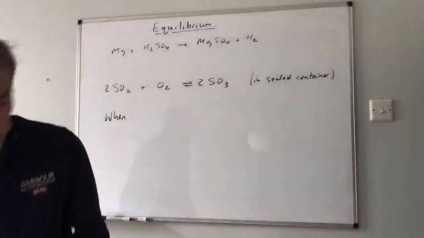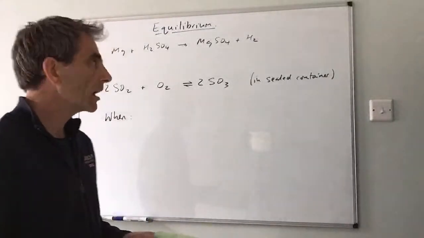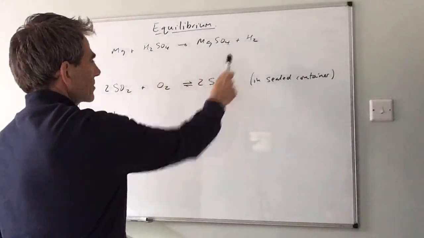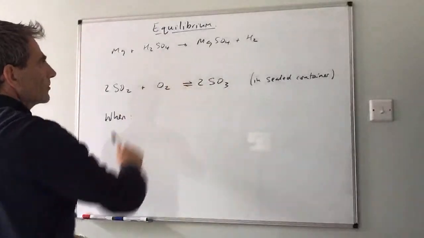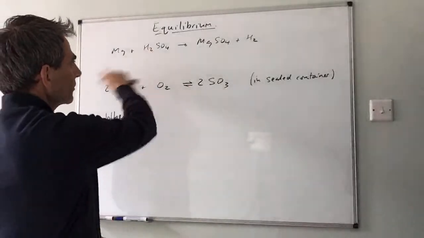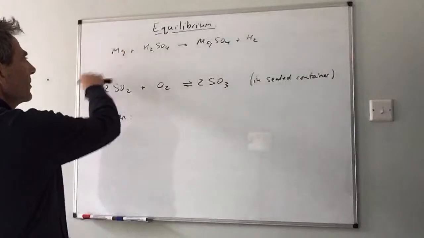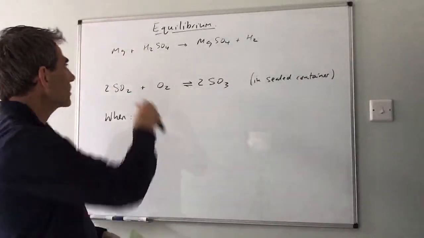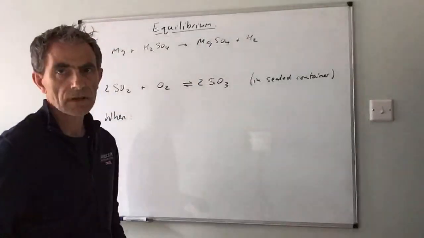The first thing I've got on the board is just to set the scene and establish the difference between a reaction like this and a reaction like this. The first one is magnesium and sulfuric acid. You've probably done that at college or school. You drop the magnesium into the test tube of sulfuric acid, and it fizzes. The magnesium dissolves away, turning into magnesium sulfate, and the fizz is hydrogen.